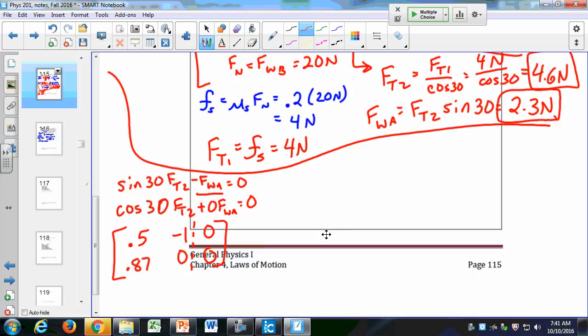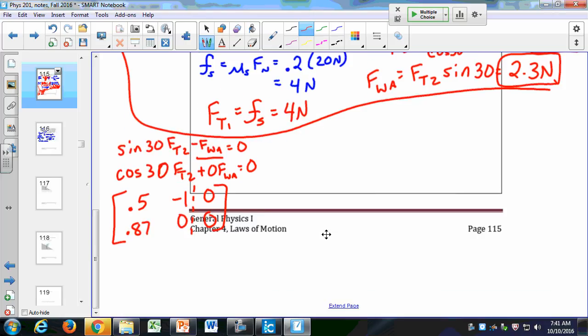Now, what I want to do is to produce what we call an identity matrix. An identity matrix looks like this. It has a 1 and a 0 and a 0 and a 1. And then you have your augment over here. And the identity matrix will tell us what each of these variables are. So this row will tell you what the first variable is.